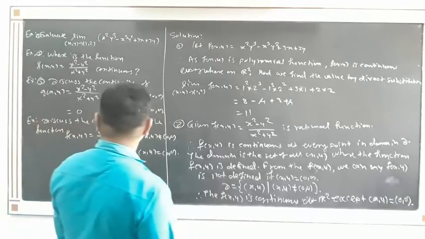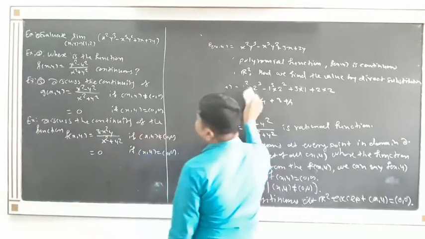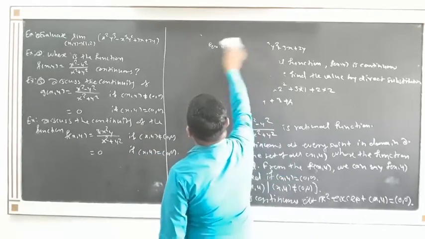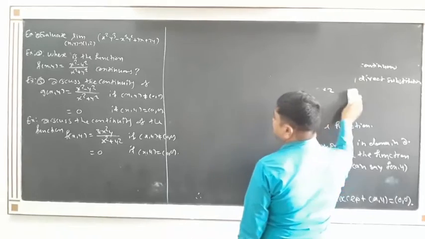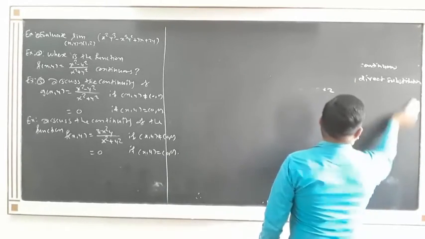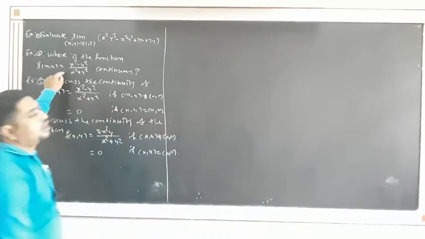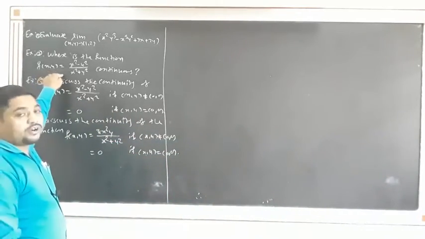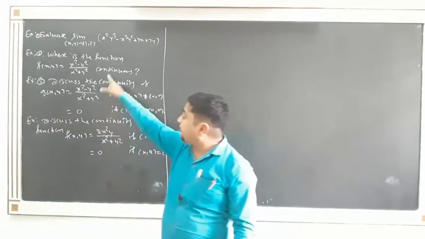So the first two examples are completed. What is the third example? The third example is again similar to the second, but here the function value at 0, 0 is also given. What we saw in the second, this function is not defined at 0, 0, therefore it is discontinuous at point 0, 0.